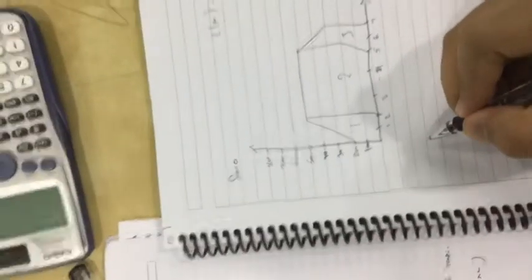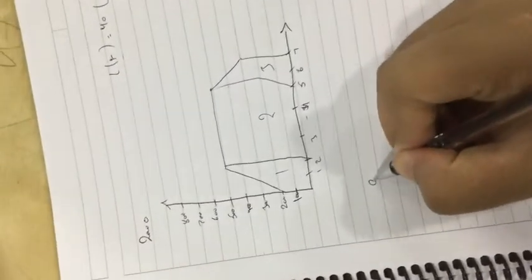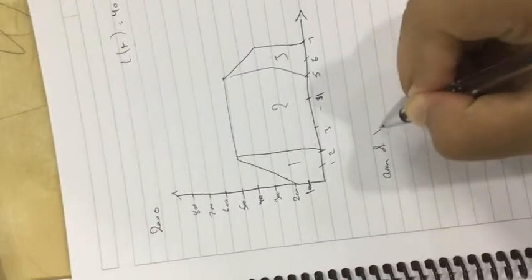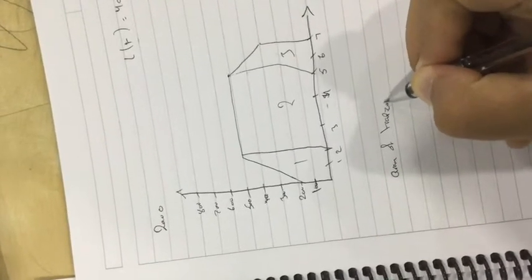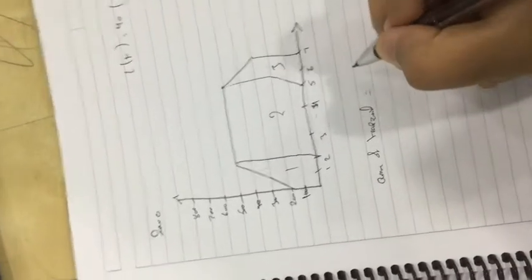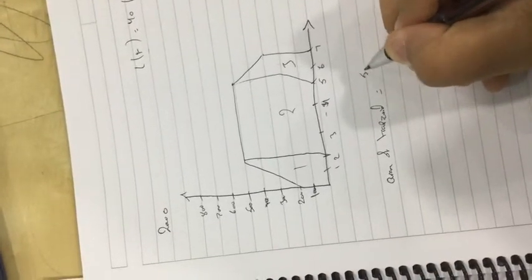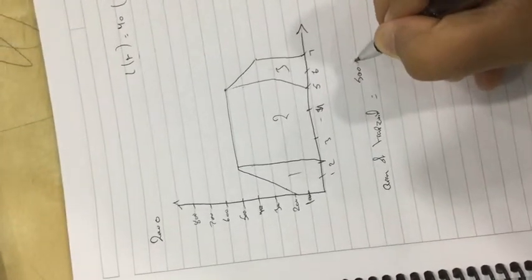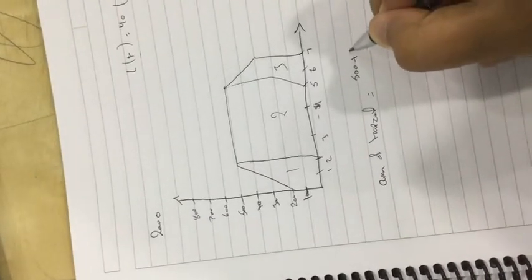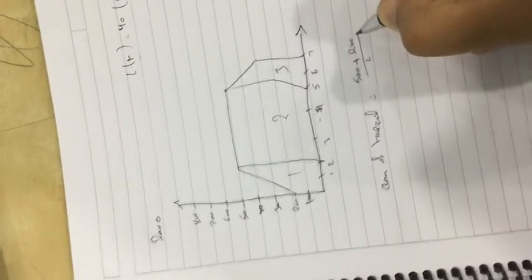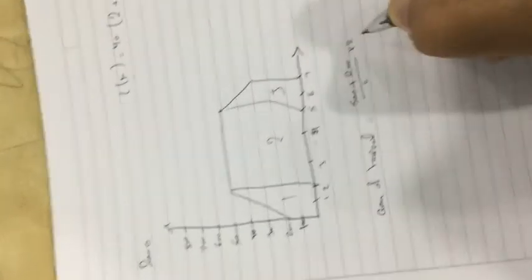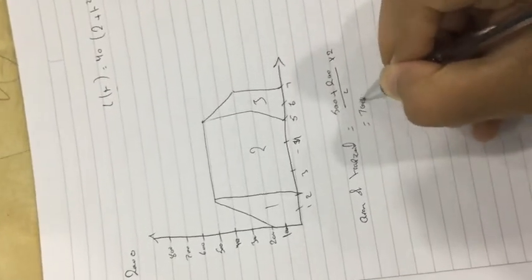First of all, the area of the trapezoid will be 500 plus 200 over 2 multiplied by 2, which is 700.